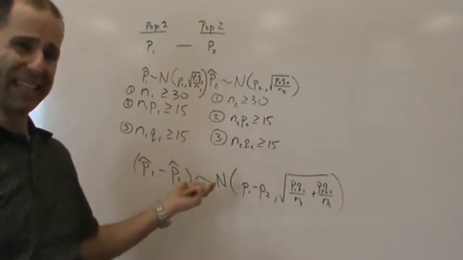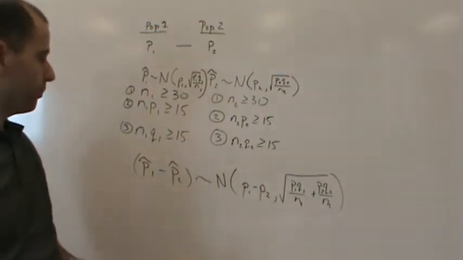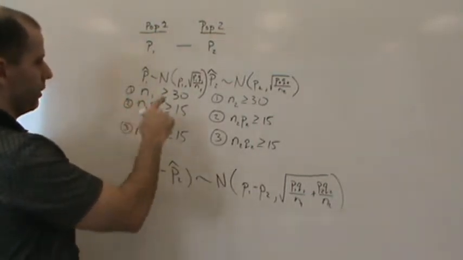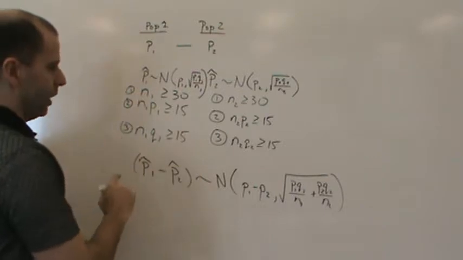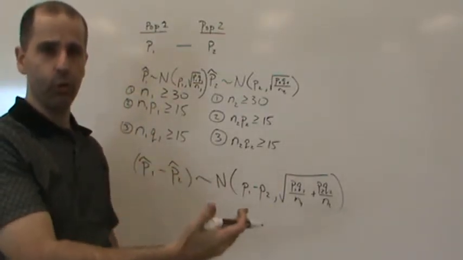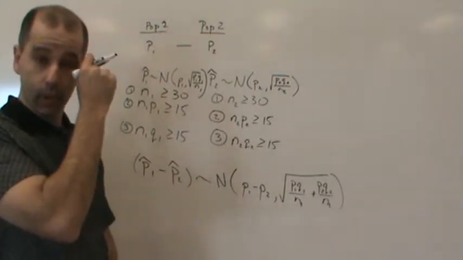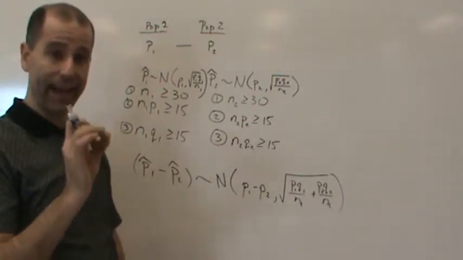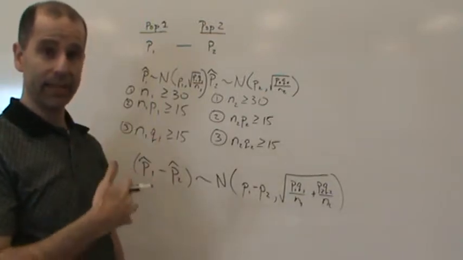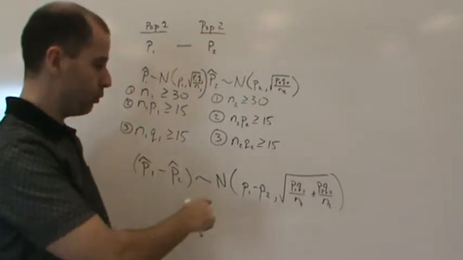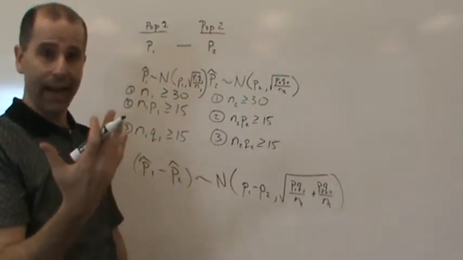We're going to do the same thing here. If we assume that the population proportions are the same, we're going to take an average of the 2 p hats, and we're going to take that average as the same for both of them. We're going to replace P1 and P2 with that average.